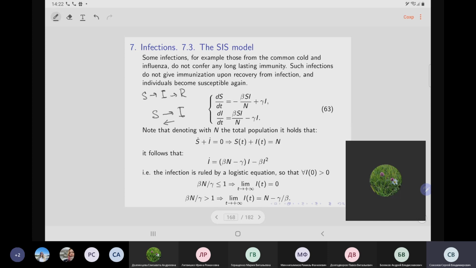This equation is quite simple to analyze. First of all, because we can find that S is N minus I. So S is N minus I, and we can rewrite the second equation in the following form.